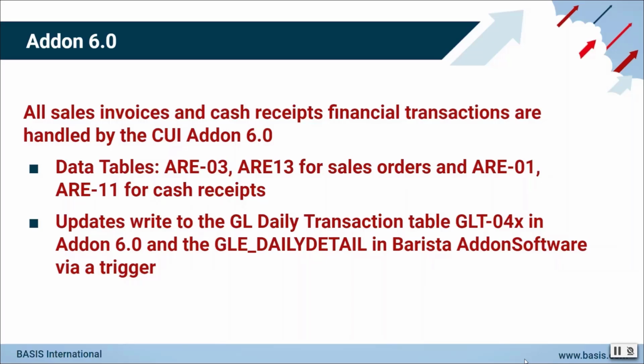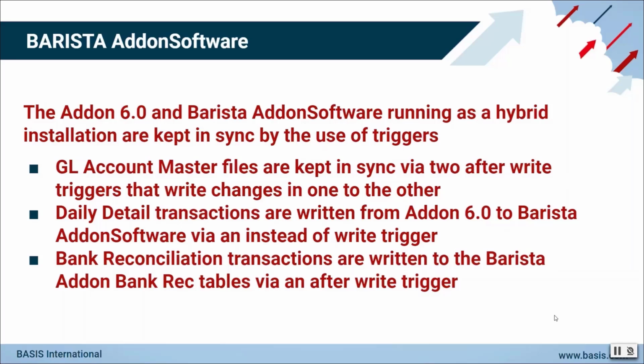When the daily updates are run for sales and cash receipts, the daily detail records are written via an instead of write trigger on the GLT04 table in Addon 6.0 to the GLE daily detail table in AddonSoftware. Our hybrid installation of Addon 6.0 and AddonSoftware are kept in sync by the use of triggers.